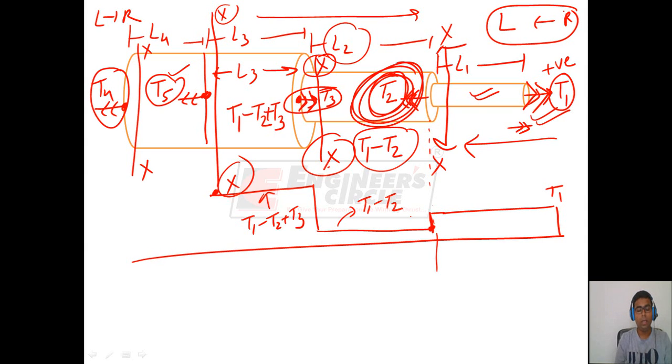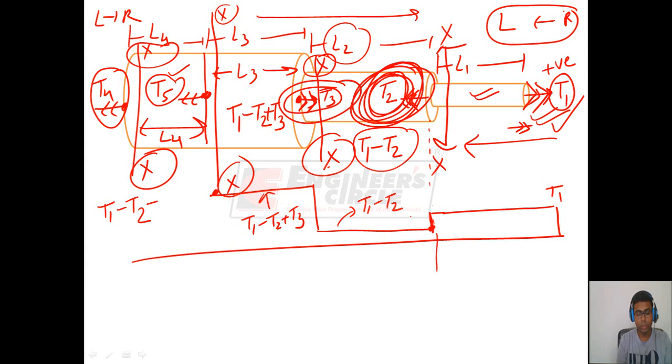The internal torque in the portion L4 can be written by considering all the external loads to the right of cross section XX: torque T1, which is positive because it is acting anti-clockwise, torque T2, which is negative because it is acting clockwise, torque T3, which is positive as it is acting counterclockwise, and torque T5, because it is acting clockwise, it is to be taken as negative.